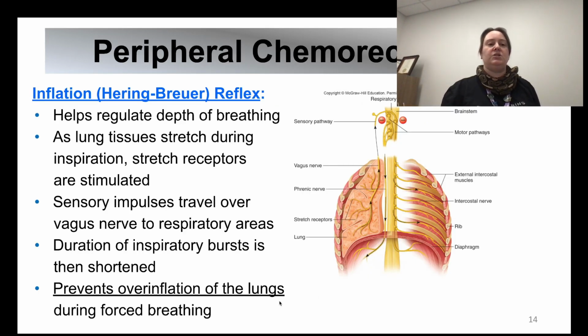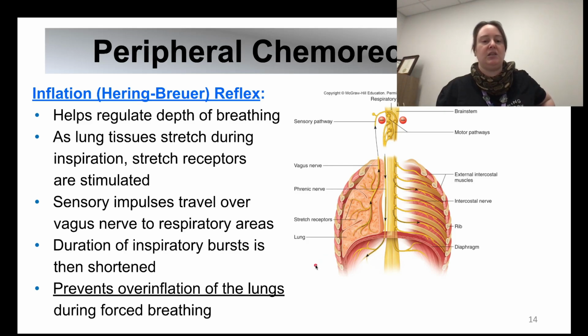So, inflation reflex, which is called the Hering-Breuer reflex, because I'm sure somebody named Hering and Breuer figured it out. It helps regulate the depth of breathing as lung tissues stretch during inspiration. We actually have stretch receptors there that are stimulated, and these stretch receptors pretty much go up the vagus nerve to our respiratory center in the brainstem, and as they travel, the duration of inspiratory bursts is shortened, and this prevents overinflation of the lungs.